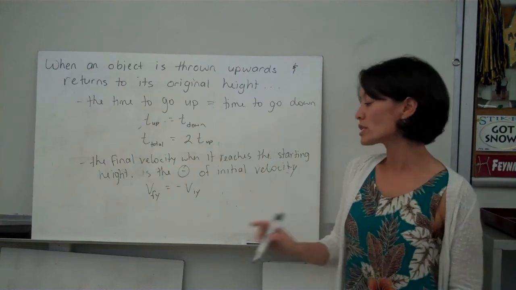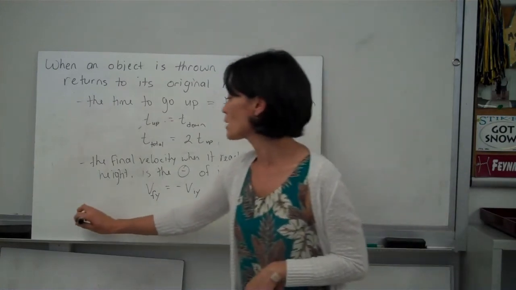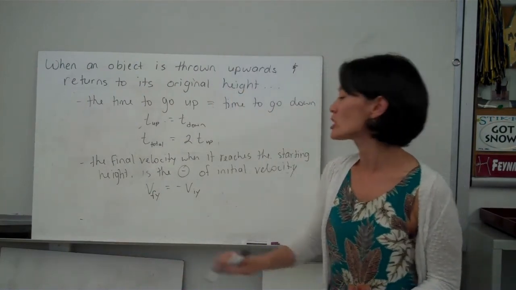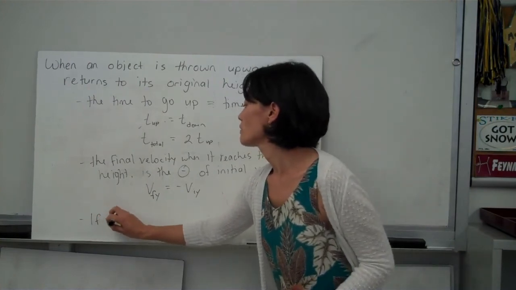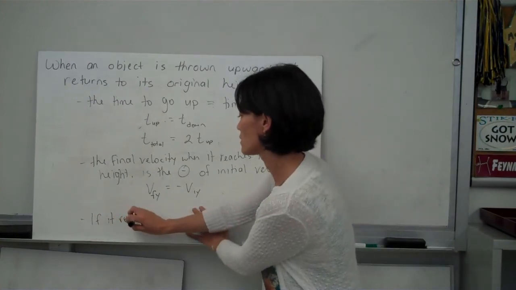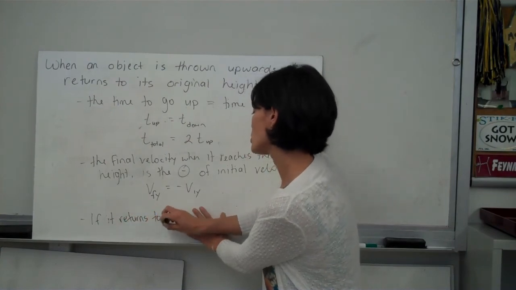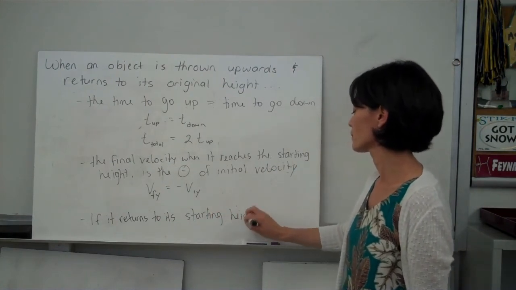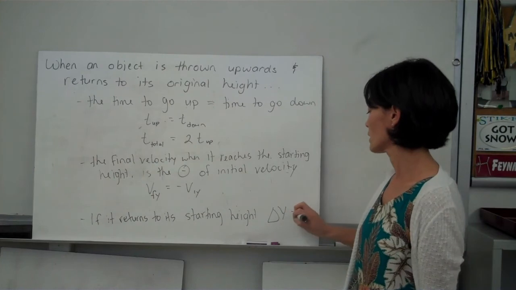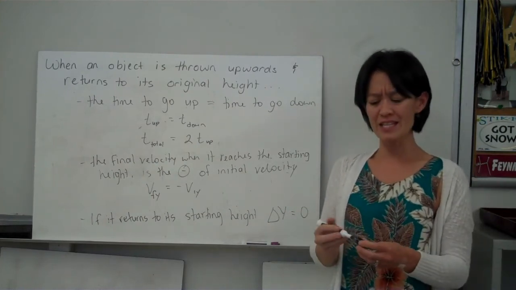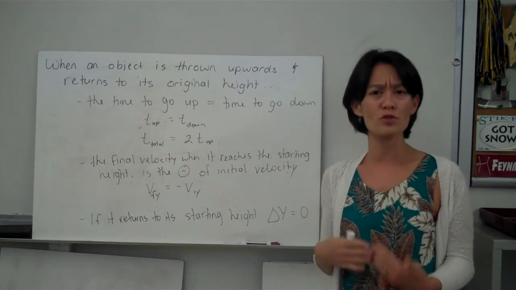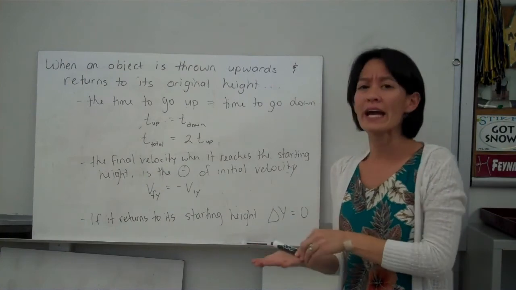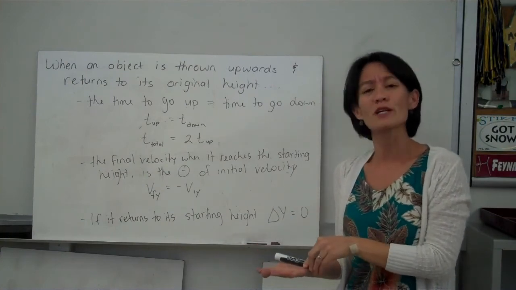And the other thing to know that we didn't necessarily talk about when we saw that example is if it returns to its starting height, the delta y, the displacement in the y direction, is 0. And that kind of makes sense, right? Delta y, or displacement, is from start to finish. So if this thing goes up, then comes back down and lands back in my hand, it started in my hand, it ended in my hand, my displacement is 0.